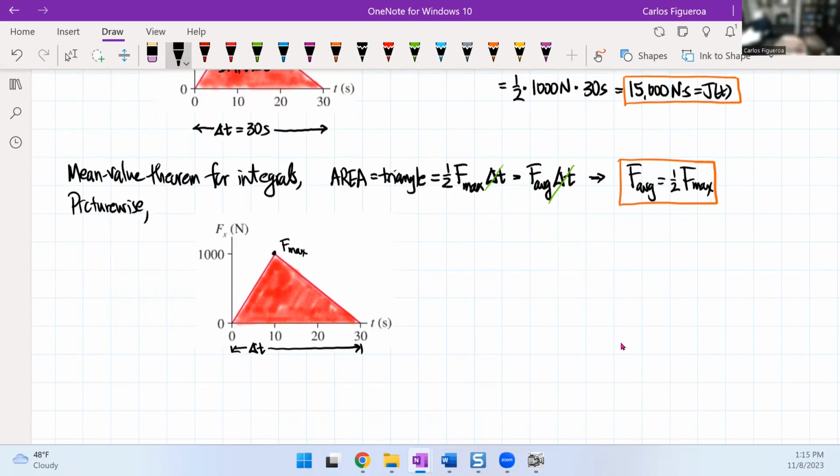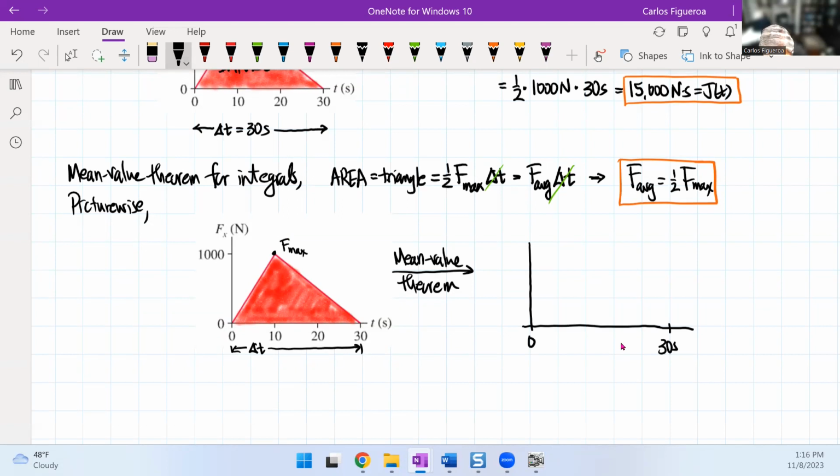The mean value theorem says I have a curve that I can create. This curve also starts at 0 and goes all the way to 30 seconds.